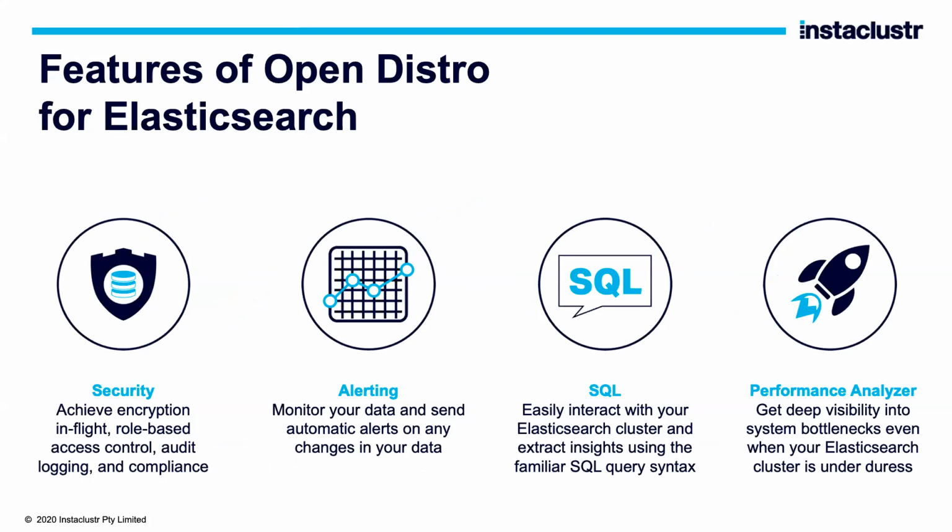So the features are security, so you can get very enterprise level security without having to get any licenses. It provides alerting. What that means is that you can provide alerting not only on your cluster, the health of those clusters, but also based on what data is within that cluster. Let's suppose you put in Apache logs.